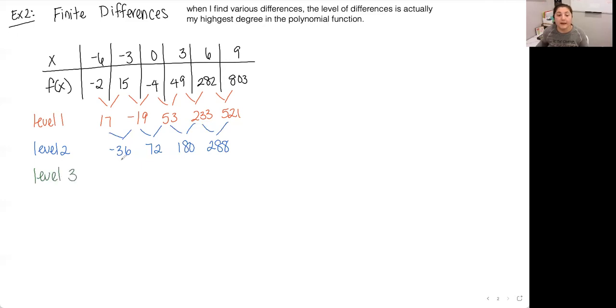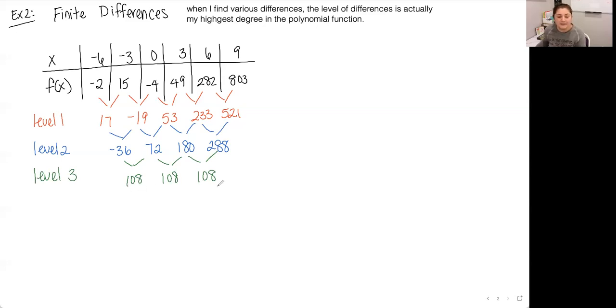All right, so now we're at level 3. Let's take a look at what's going to happen here, how the difference of all of these is actually all the same. This is going to be 108, the difference between these two. This is also 108, and this is also 108.